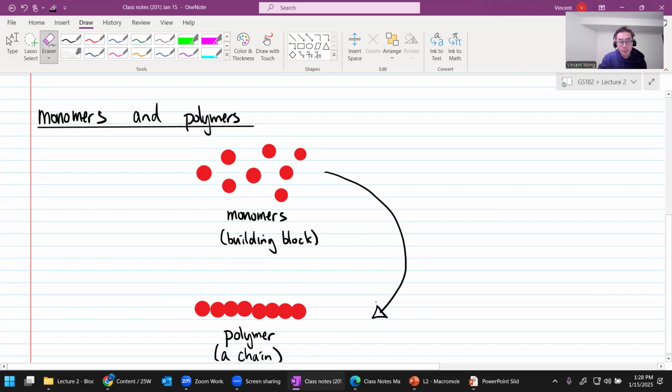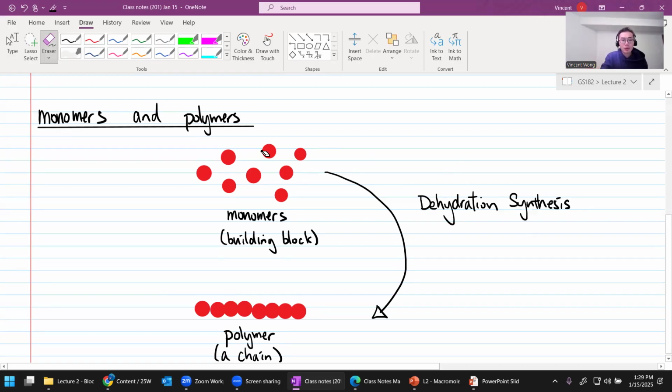The chemical process that we use to join them together in the body is called dehydration synthesis. Synthesis means to create. Dehydration means to remove water.